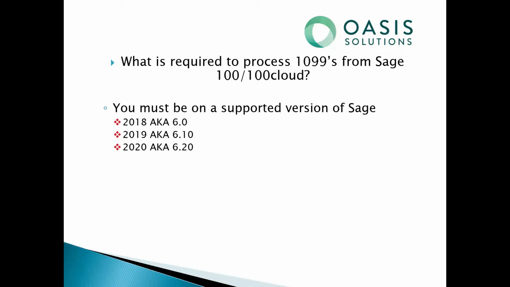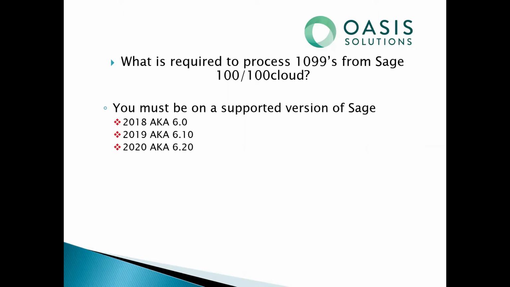To process your 1099s, you should be on a supported version of Sage 100, and those current supported versions are the 2018, 2019, and 2020 versions. In order to be able to access the new 1099 NEC form, you do have to be on one of these supported versions.